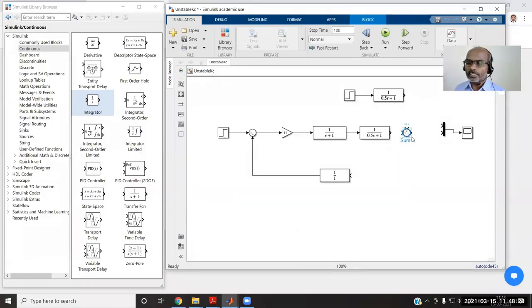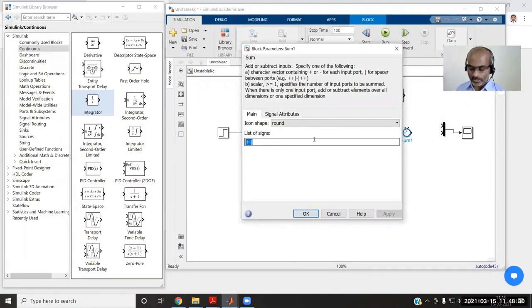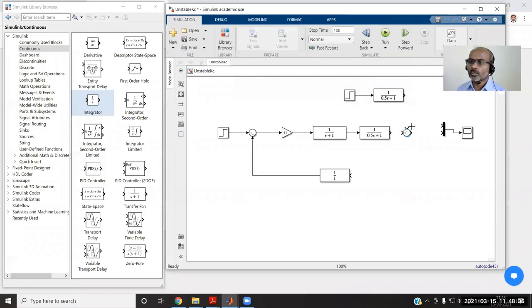So instead of changing plus and minus, I can change the signs alone. Even this will be made 1. Next, we have a first order system like this.